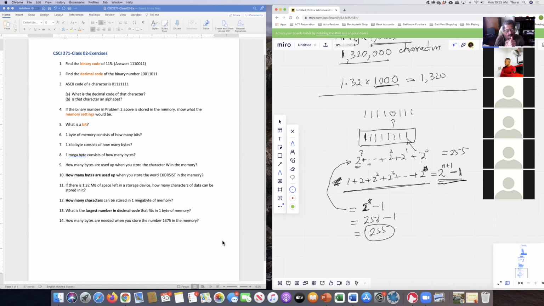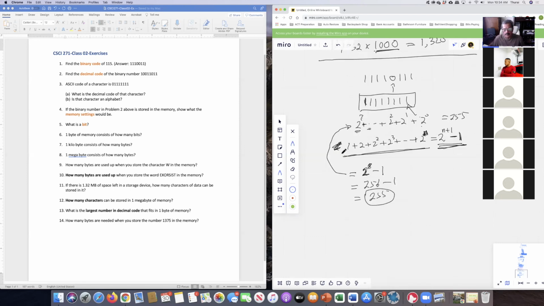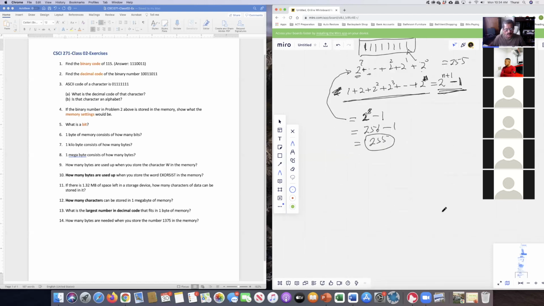So if a number has more than 8 bits, then it needs more than 1 byte to store. If you find the binary code of 1375, you can answer the question. What is the other way? Can anybody see another way to answer this?